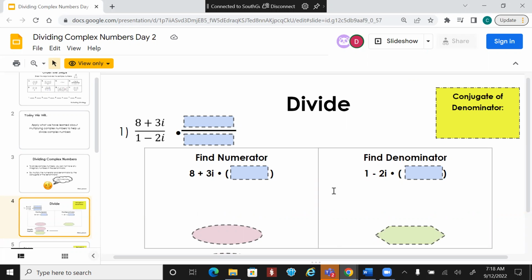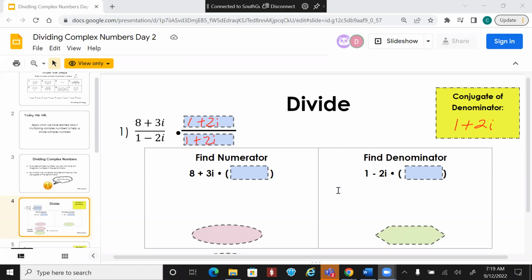If we were going to do the conjugate, we're going to change the sign of the imaginary. So what is that going to give me? 1 plus 2i. So we're going to multiply in the top and in the bottom.